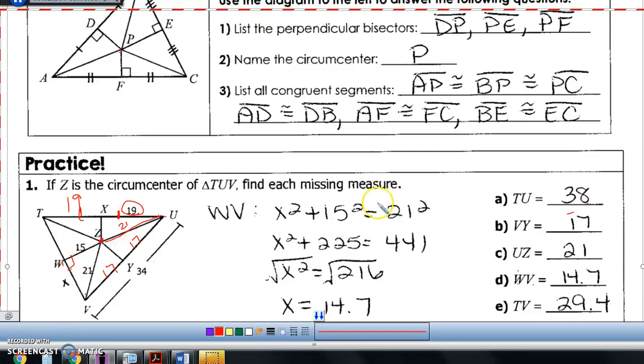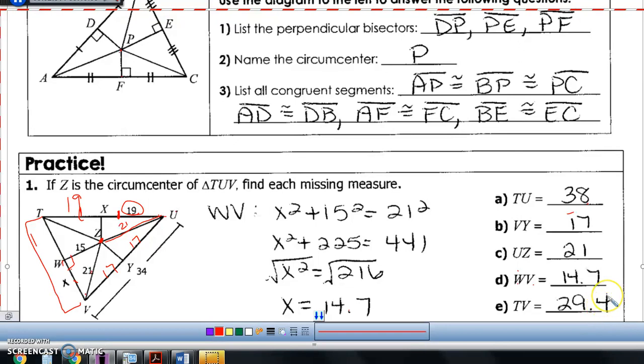So we would use the Pythagorean Theorem to find that missing side. Okay? So our missing side is about 14.7. And if we want to find TV, the whole length, then we're going to take that 14.7 and double it. And that gives us 29.4.